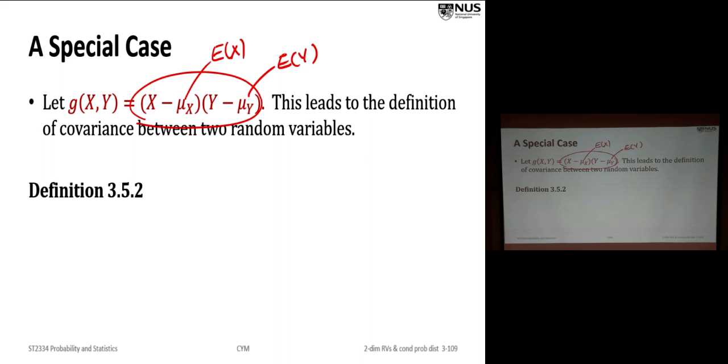For a particular value of x and y, you look at how far x is from the center, and how far y is from the center, and then look at how they behave. So that is the idea behind this function.